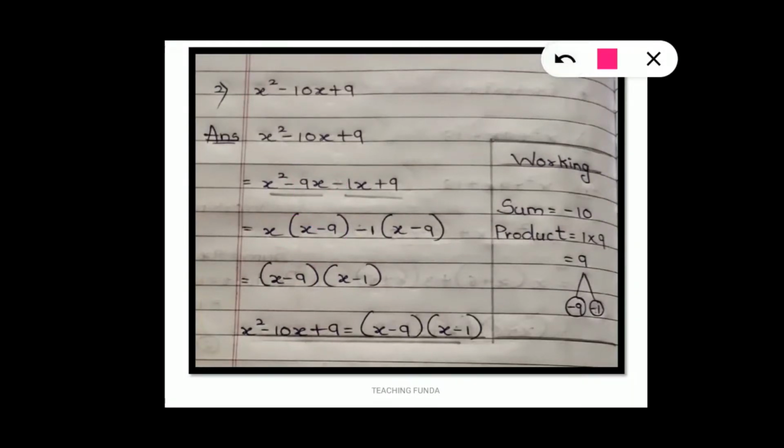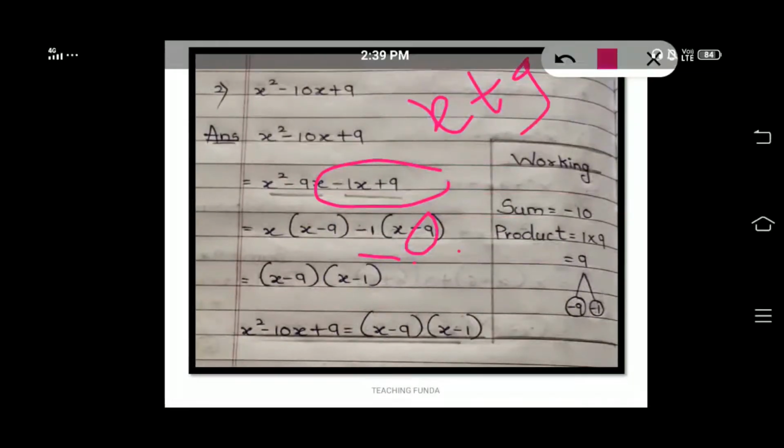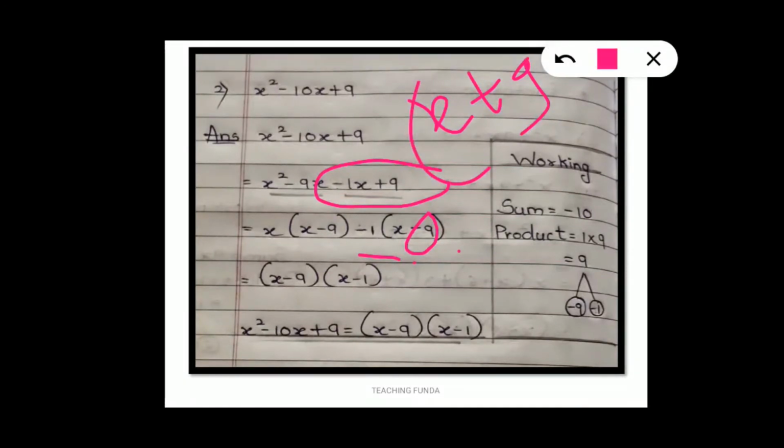Again see that here there is no number common. If there is no number common you have to take 1. Again x minus 9. Why have I put minus 9 here? Because if you take x plus 9 and solve the bracket, it will be minus, but here plus 9 is there, so compulsorily you have to take minus 9, because when you solve that bracket you get plus.